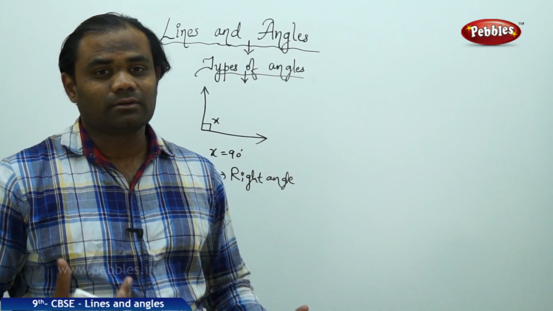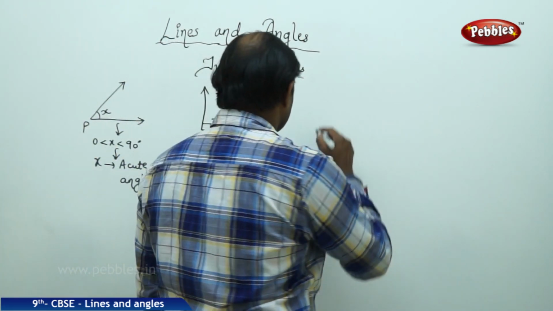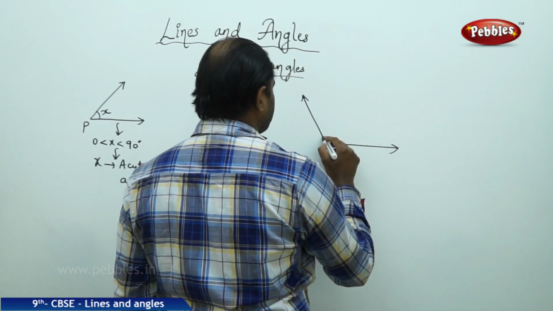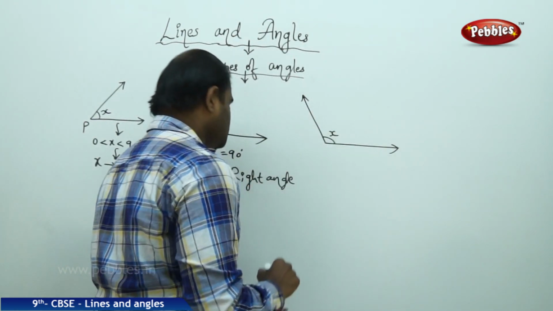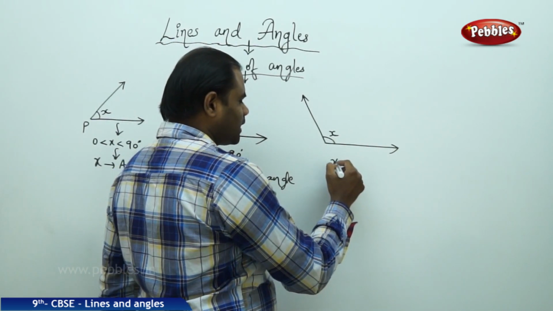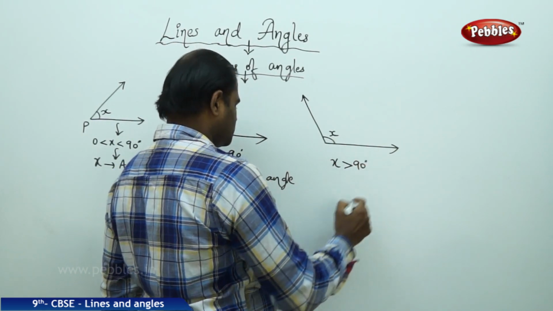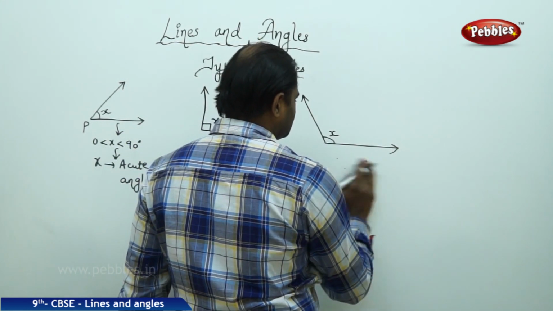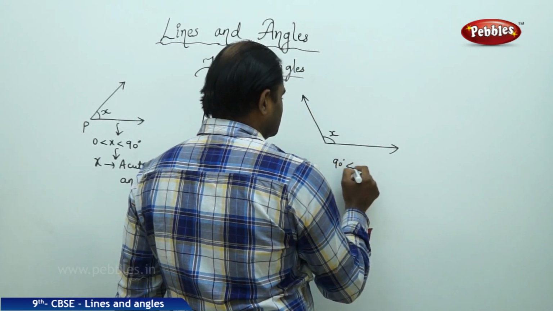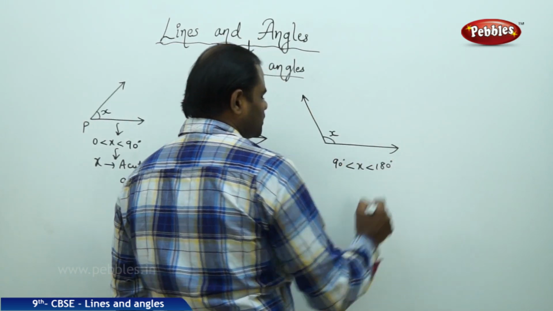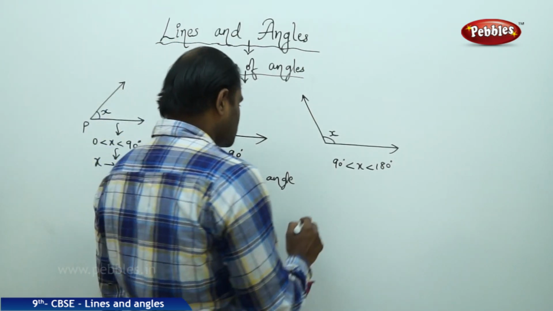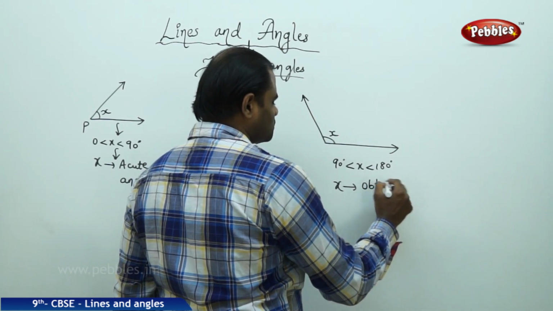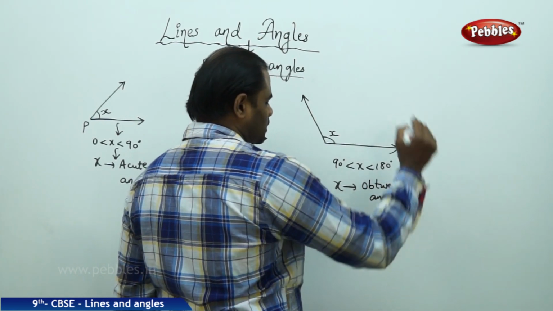An angle greater than 90 degrees. Let's investigate. If this is x, then any angle which is greater than 90 and less than 180, an angle which lies between 90 and 180, is called an obtuse angle.